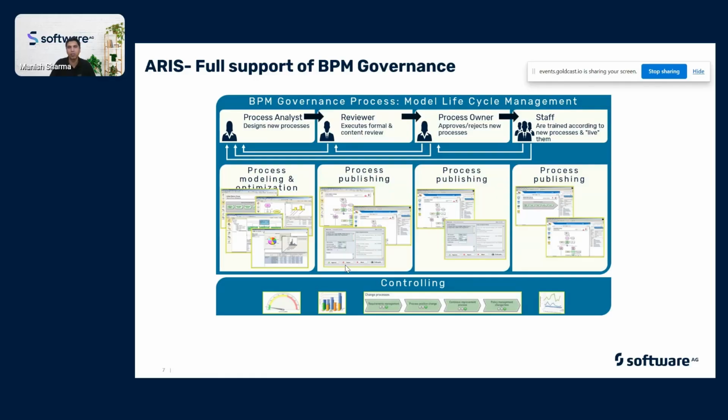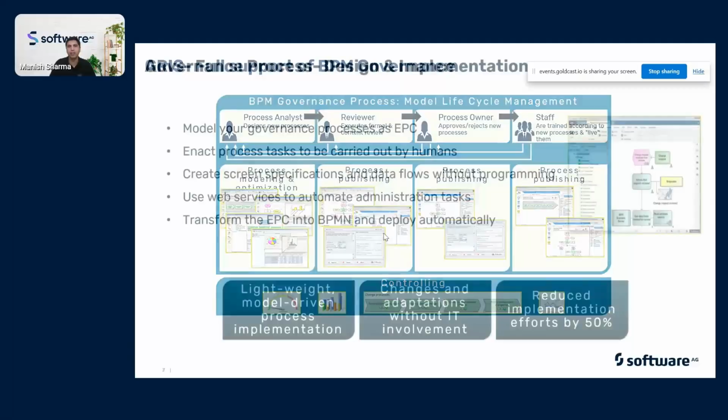So if there are multiple people involved in approval, you want to have a voting strategy for approval. So if you want to have such flexibility and build your own process, then you do need to create your own process using the process governance option within ARIS.